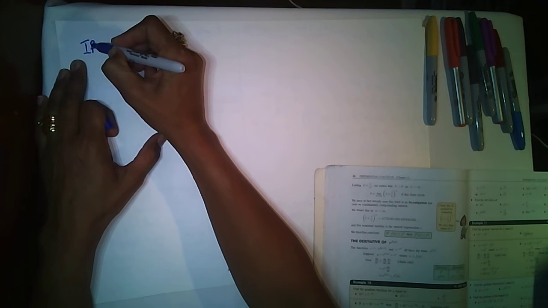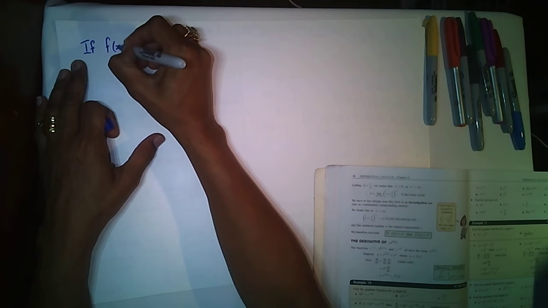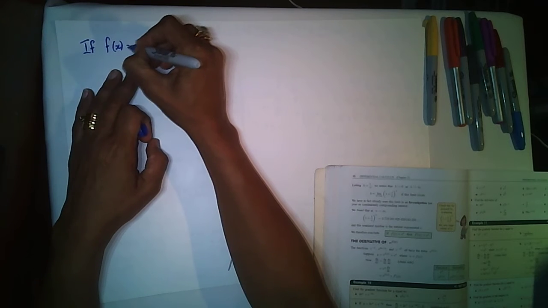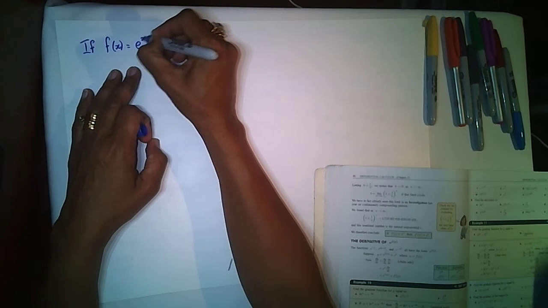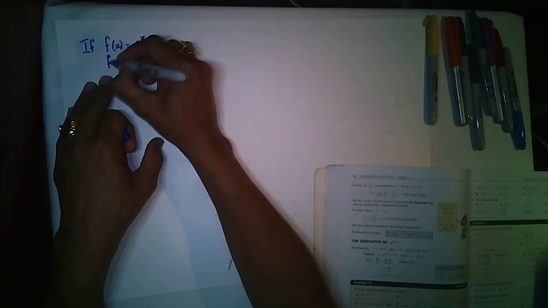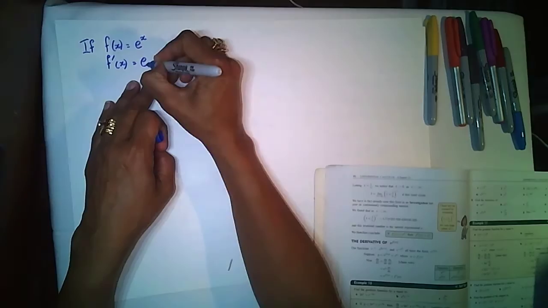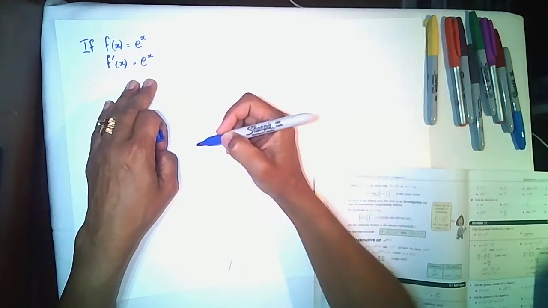So when we think about the differentiation rule, if we have a function that is simply e to any value, the derivative of that function remains e to that value.